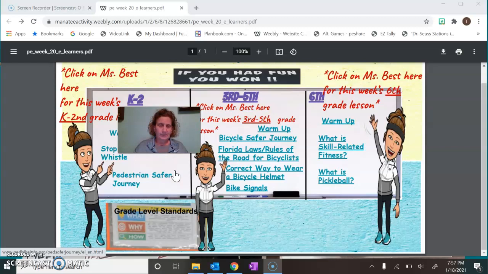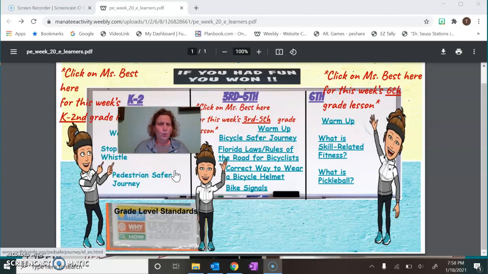I want you to explain that to them. I want you to talk about what a pedestrian is. I want you to discuss where the safest places are to cross the street. What types of things should you look for when you're going to cross the street? I want you to talk about when you cross the street, where should you walk?